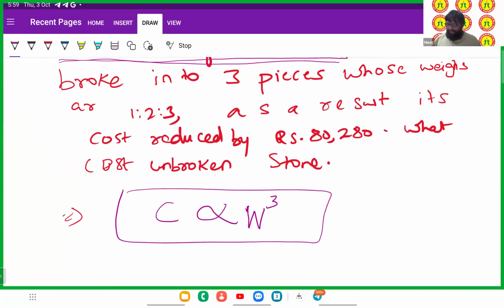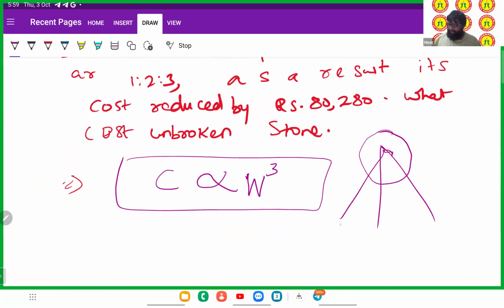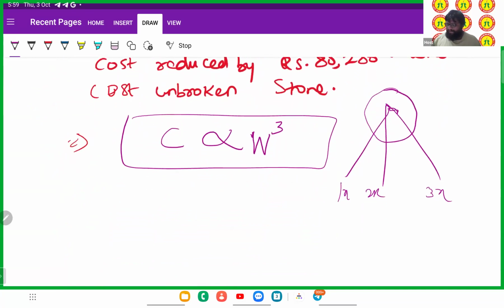If you see here, what is the actual weight here? This is the stone. This stone is broken into 3 pieces, that is 1x, 2x, 3x. If I sum up all these weights, it will be 6x, right? Yes, sir.